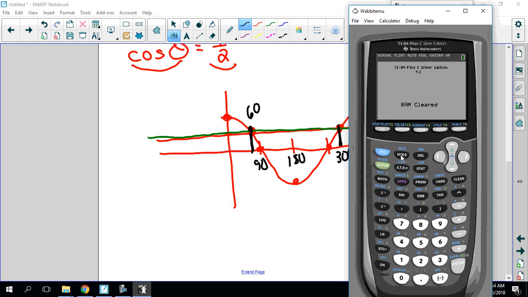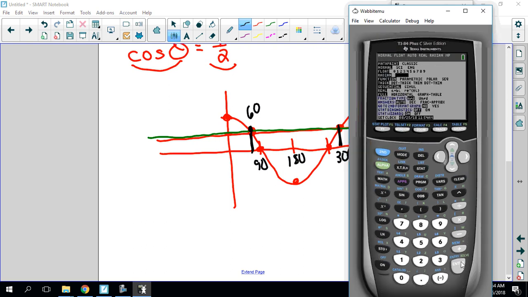Now, if you want to cheat, you usually cheat in degrees. So you switch to radians and you switch radians to degrees. Then you go y equals, and then you go sine, oops, that would be cosine, and you hit x. And then the other one is 1 divided by 2. Now I'm going to set my window myself.